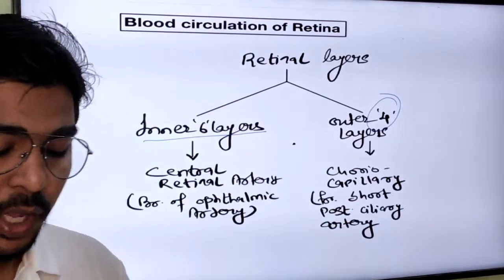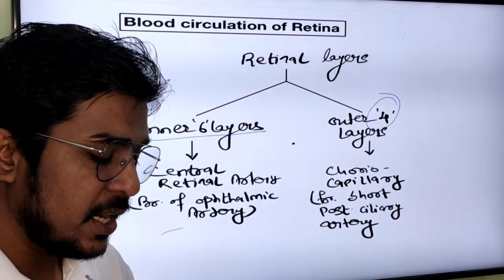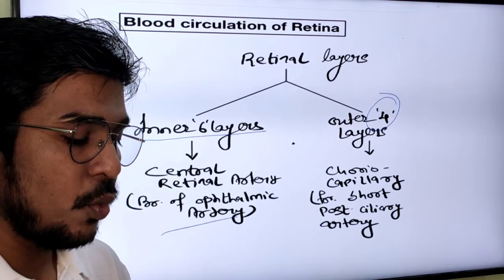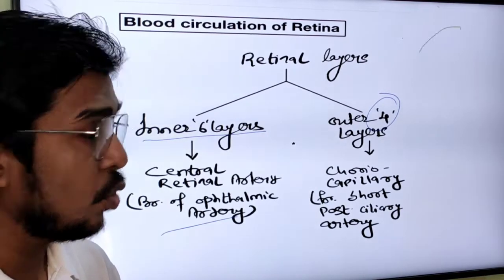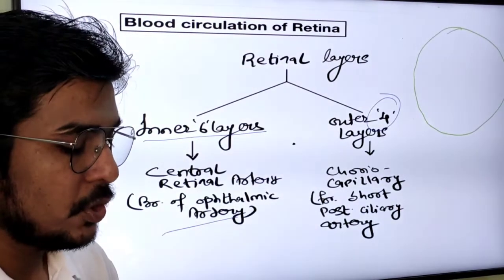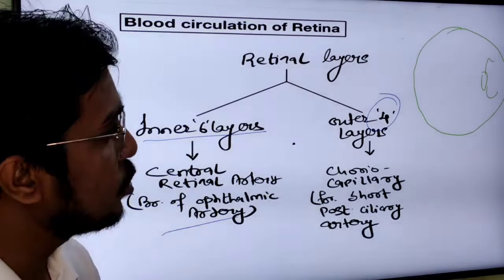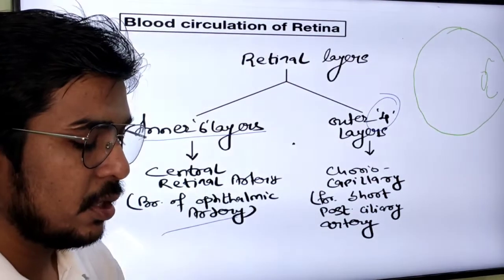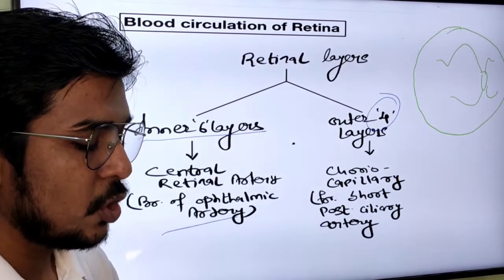Okay. Now coming to the central retinal artery, let me draw one photo for you. So the optic disc on the right side. So this is the right eye fundus I am drawing. This is the optic disc.